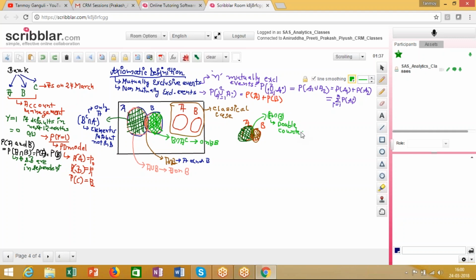There is A intersection B and this is being double counted.